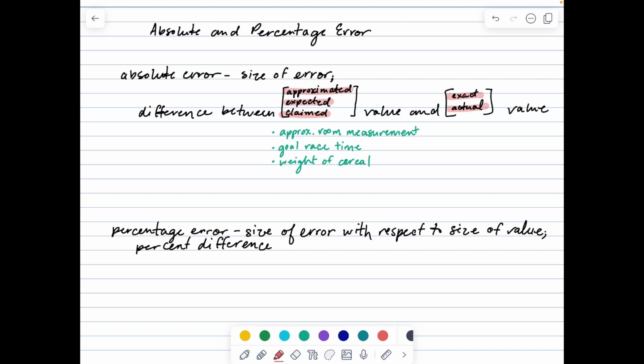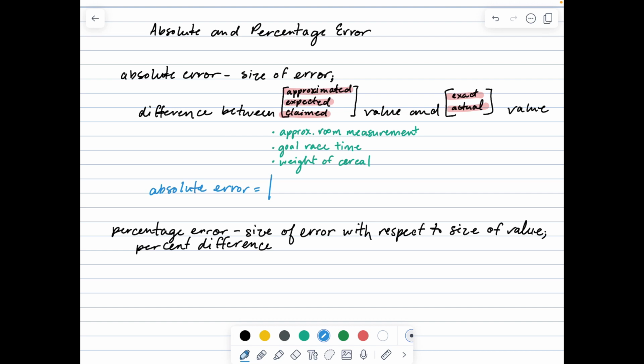So our equation for absolute error is the absolute value. We write it as the absolute value because we don't care about the direction, negative or positive. We just care about the size of the difference.